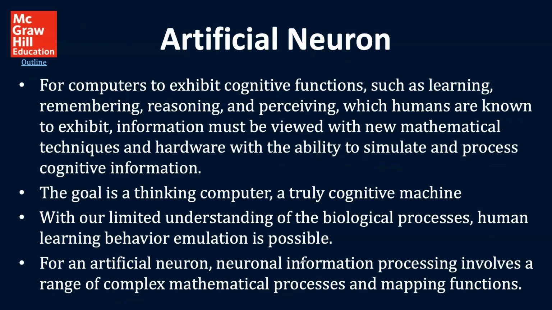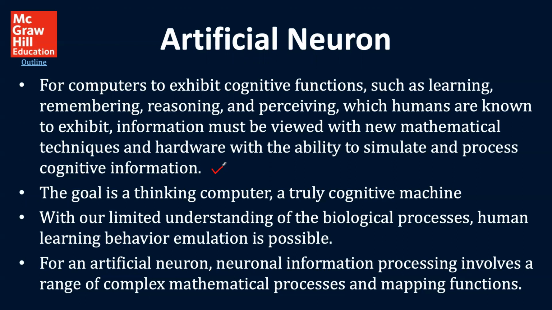So let's talk about an artificial neuron. For computers to exhibit cognitive functions such as learning, remembering, reasoning, and perceiving, which humans are known to exhibit, information must be viewed with new mathematical techniques and hardware with the ability to simulate and process cognitive information. That's what we're trying to do with neural networks.